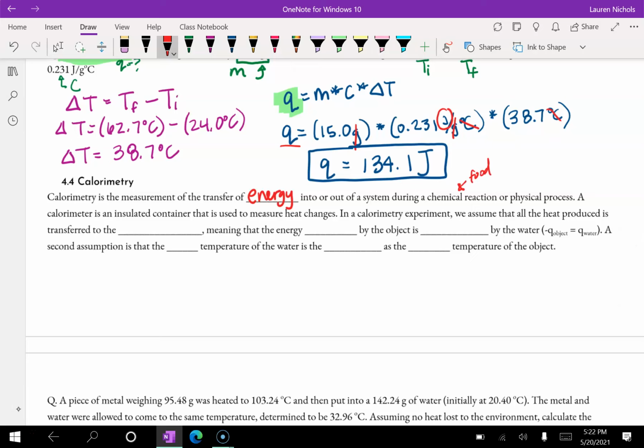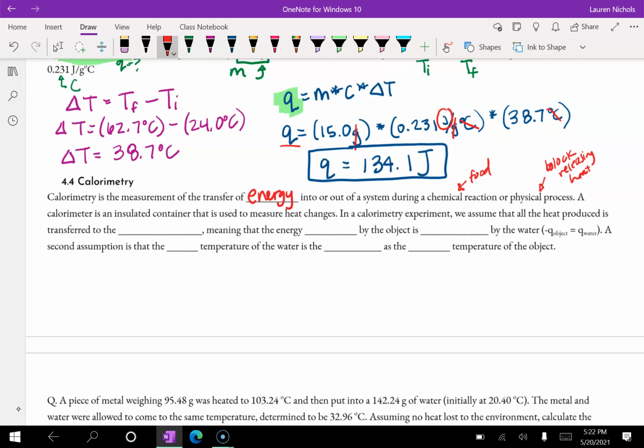We basically blow it up and catch it on fire, or a physical process like a metal block releasing heat into some water. And a calorimeter is an insulated container, kind of like a thermos that you use to keep your coffee warm during the winter. This insulated container has a lot of water in it to keep it insulated. And so we use it to measure heat changes.